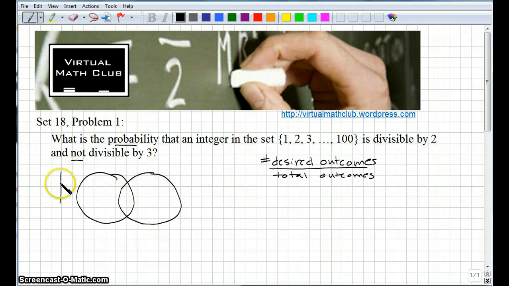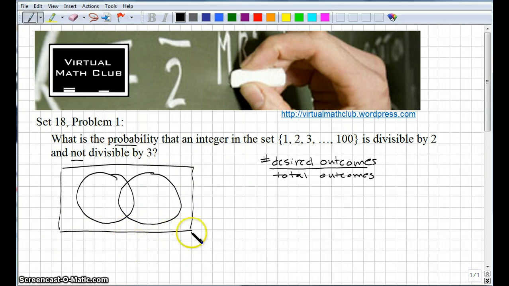All right. So we have two different categories here, and then we have the whole set. The box represents the whole set. I'm going to make this circle be the set of all the numbers that are divisible by 2. So I'm going to write up here, divisible by 2.